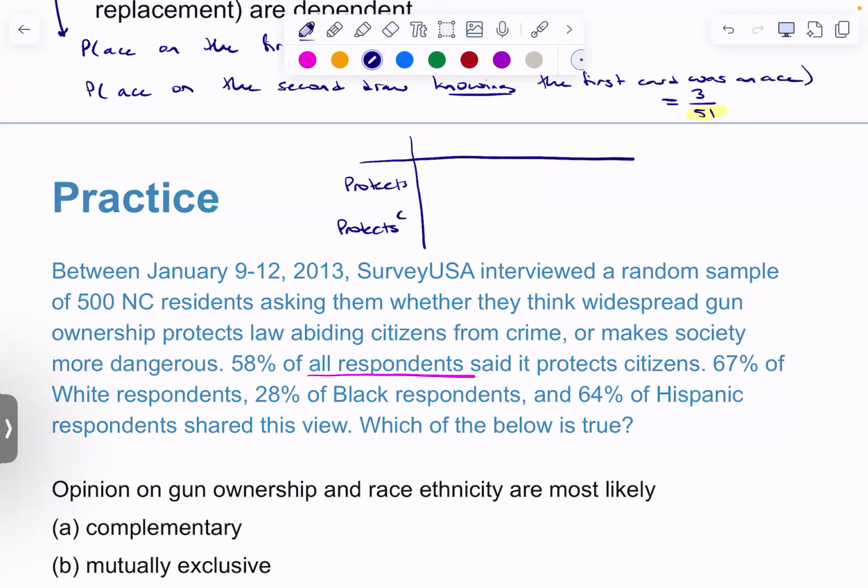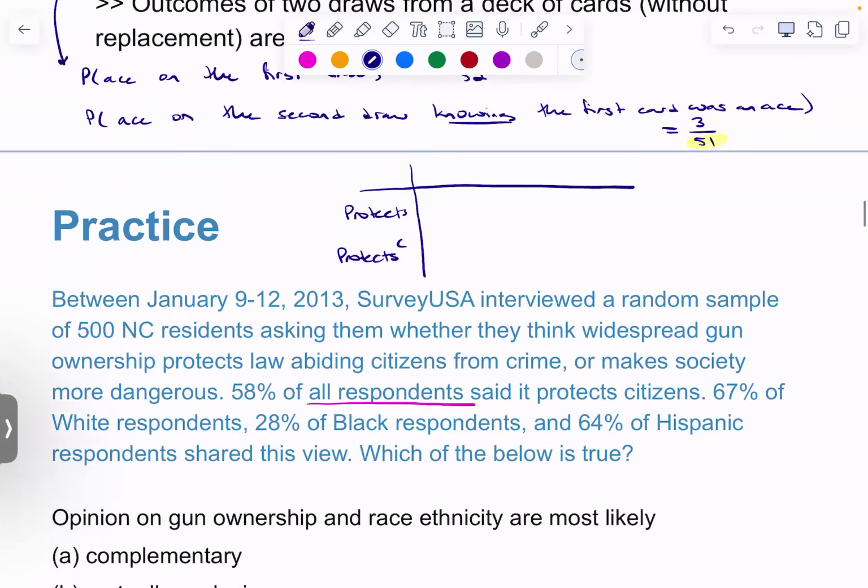Okay. So what we're told is that, I might need more columns there, but our sample size was 500. And 58% of all those 500 respondents said that it protects citizens.